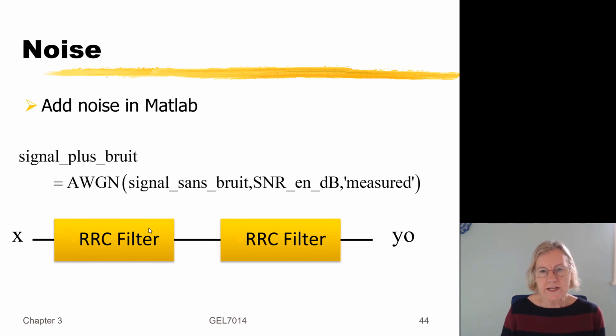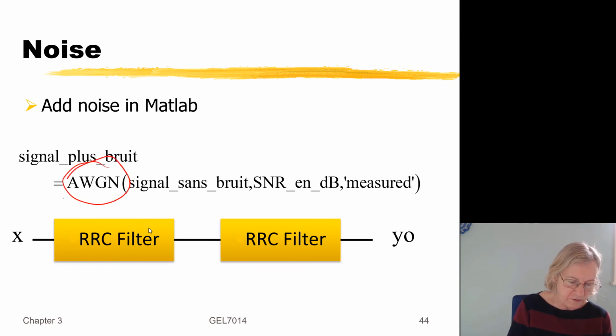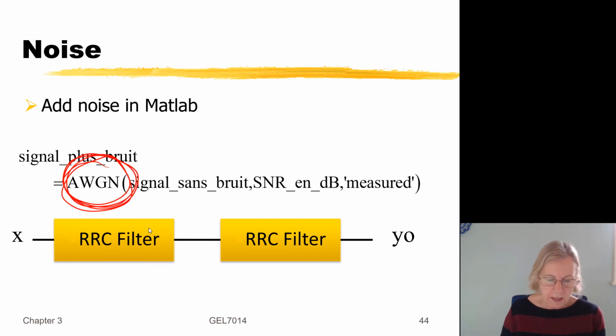We have to add noise, and in the Matlab code, if you're interested, you can look at it. It adds noise using this command called additive white Gaussian noise. And you specify the signal to noise ratio you want, and it generates the amount of noise appropriately to achieve that SNR. Now, normally you would do this with, here's your transmit and here's your receiver.